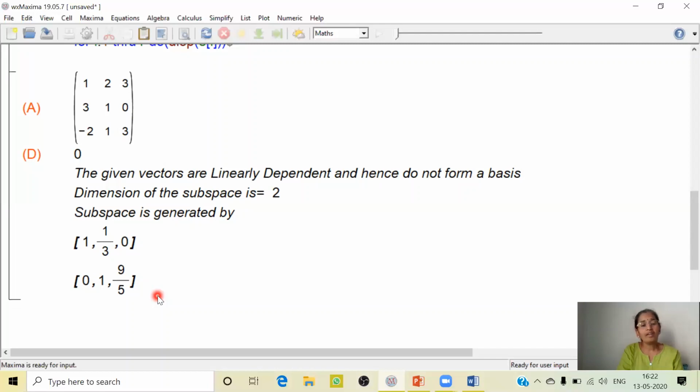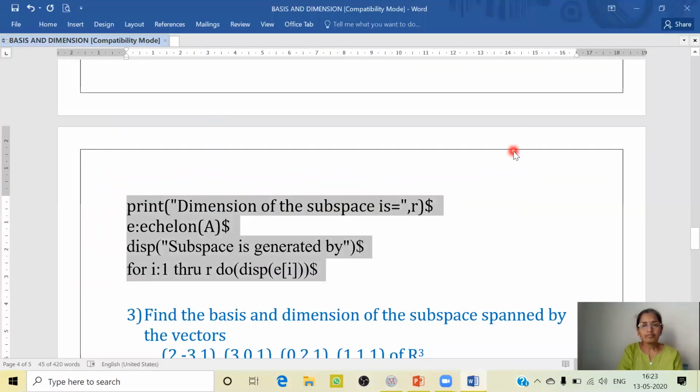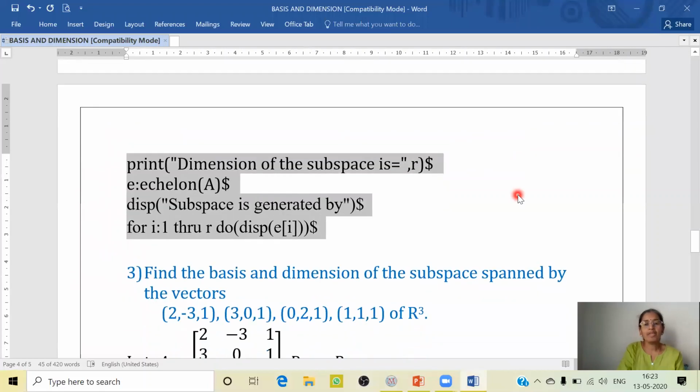Here we have obtained a different one. Only one vector is equal to the manual part, the other one will be different. Anyhow, these two will form the basis of the subspace. And when we take the equivalent matrix here, that will give you the basis of the subspace.